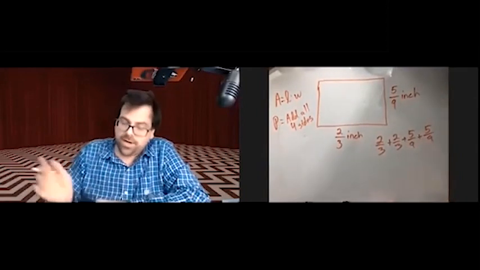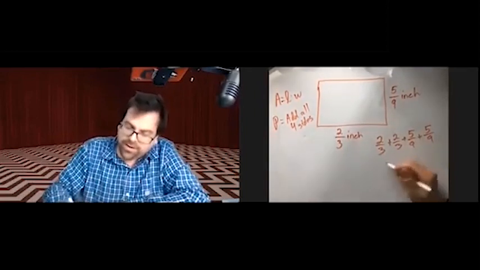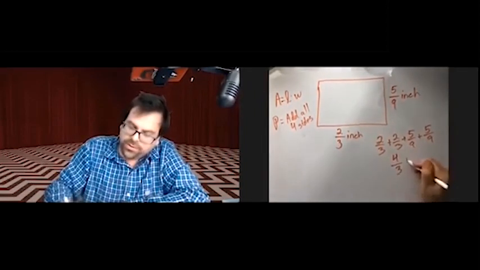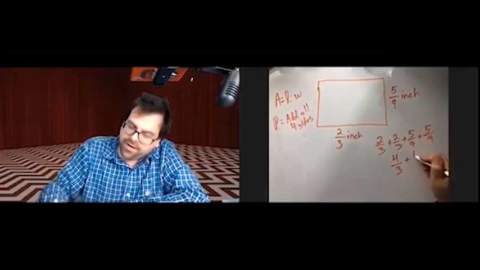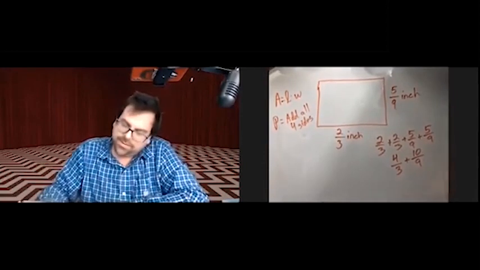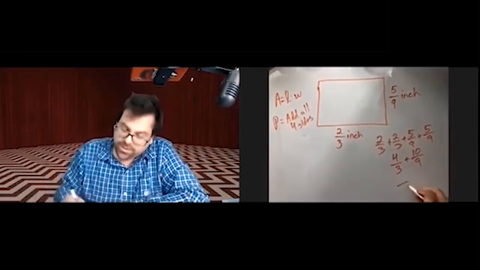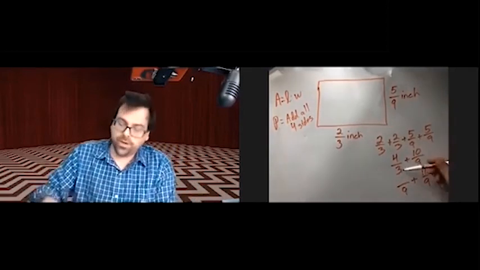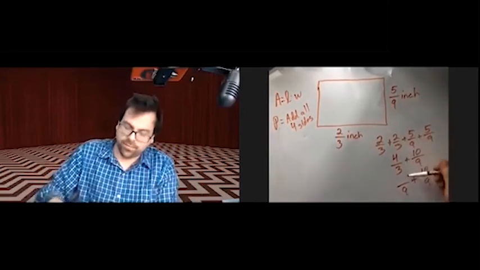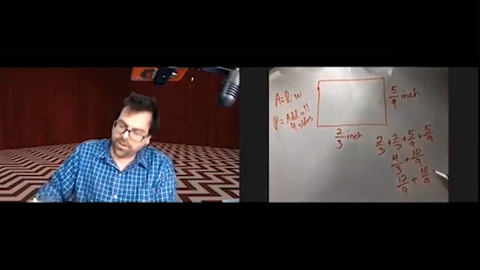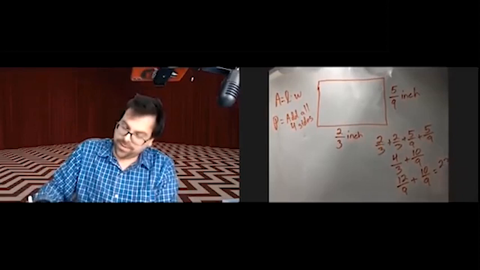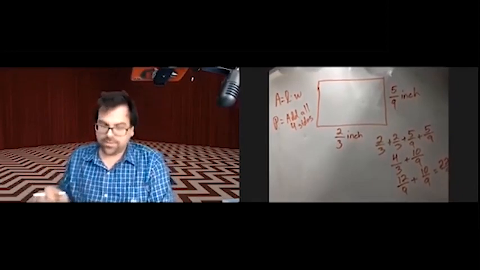We have some common denominators, we don't need to find it all yet. 2/3 and 2/3 is 4/3. 5/9 and 5/9 is 10/9. But then we do need a common denominator, and that's going to be 9. So the 10/9 isn't going to change. 3 times 3 is 9, 4 times 3 is 12. 12/9 plus 10/9 is 22/9.